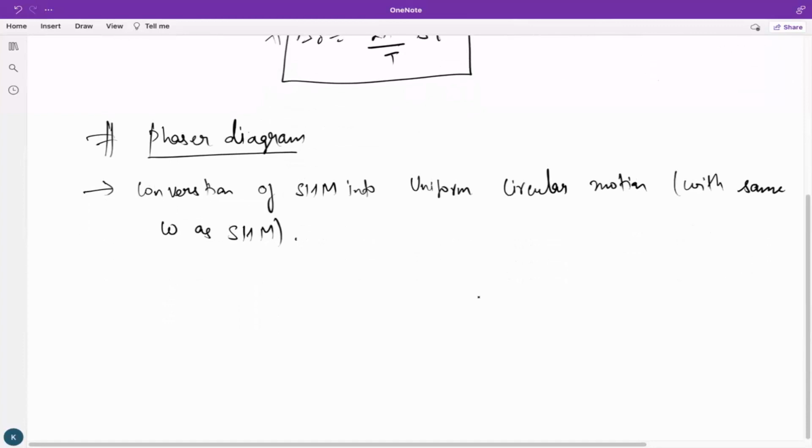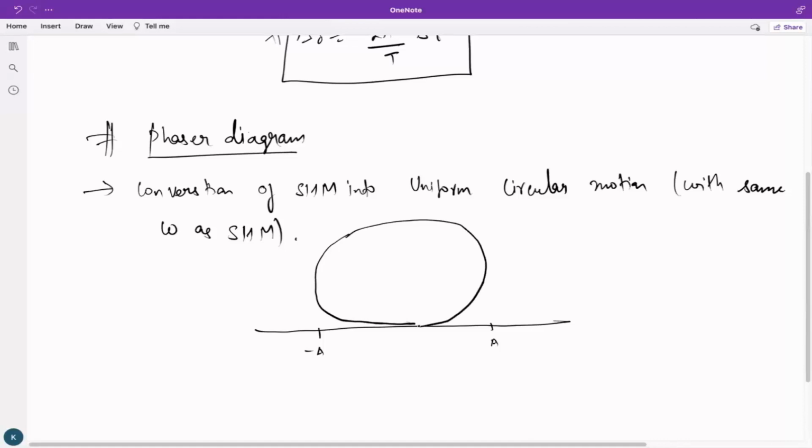So let me draw it here. It will be drawn as something like that. There is our minus A and there is our plus A, right?